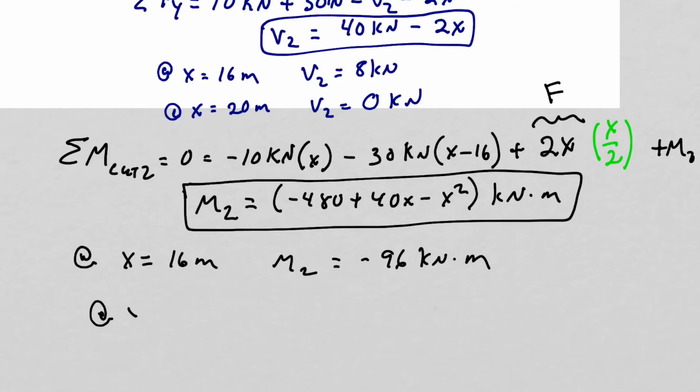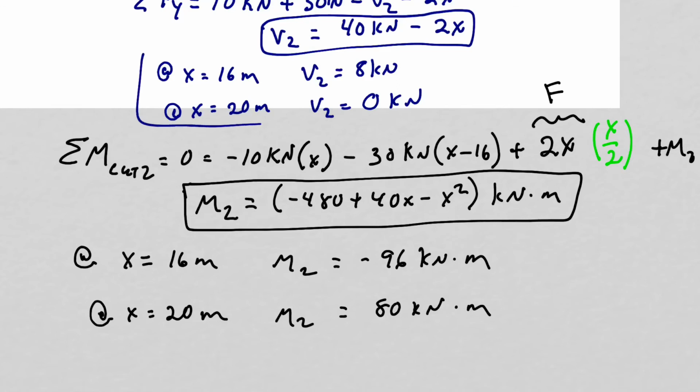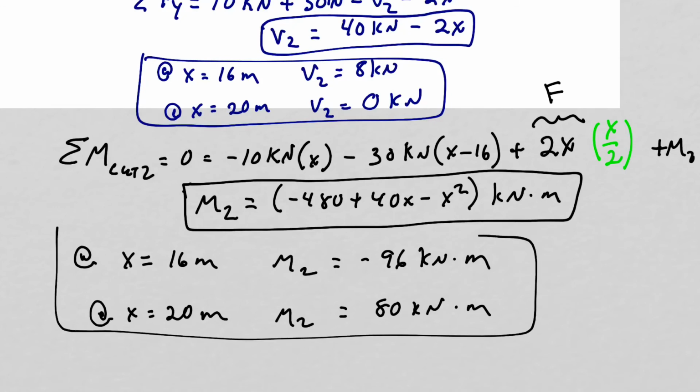At x equal to 20 meters, we have our M2 is equal to 80 kilonewton meters. So now we can plot all of this information also. Here's our shear for this range, and here is our moment information. So let's go and plot that.